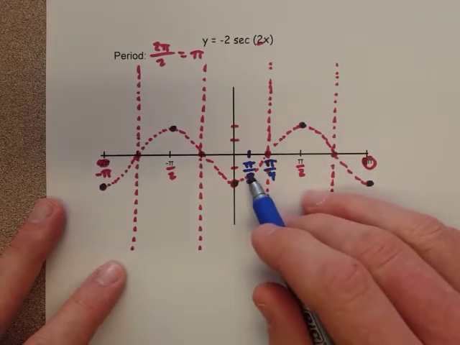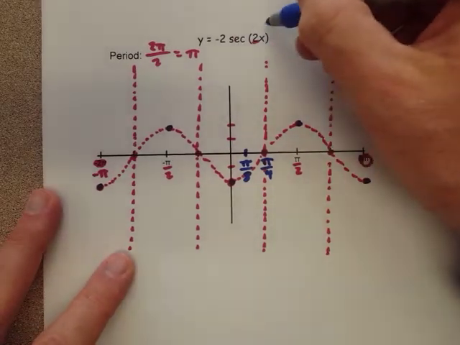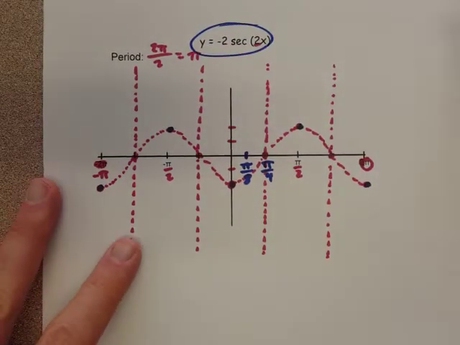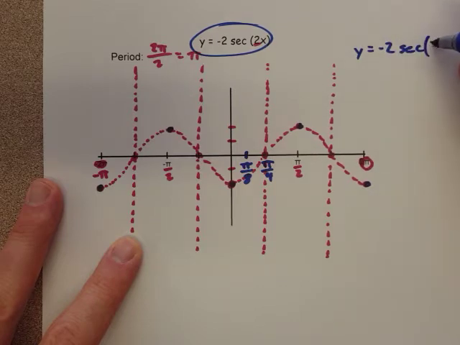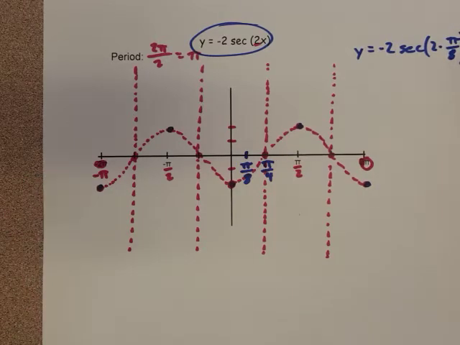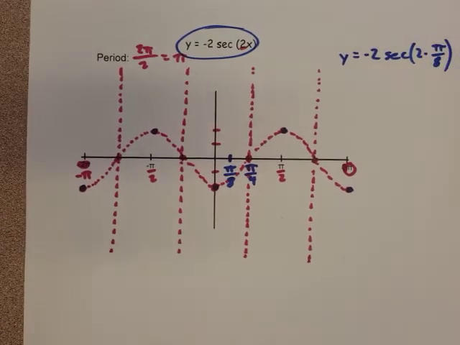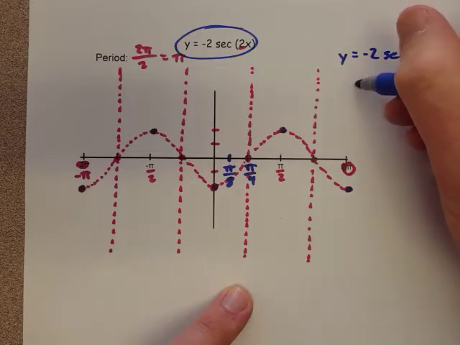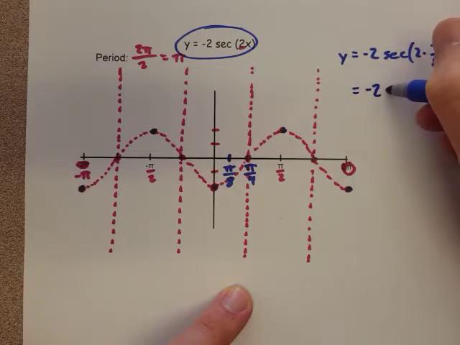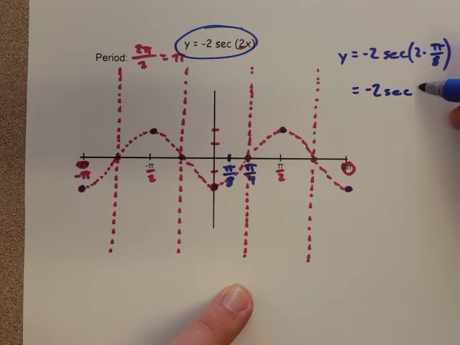If we've got pi over 8, that's going to be our x value, and we have to plug it into this equation right here. So y equals negative 2 secant of 2 times pi over 8. Maybe you're already seeing where the pi over 4 is going to come in. That pi over 4 is a result of the fact that it's 2 times pi over 8. So that simplifies to pi over 4, and now we get negative 2 secant of pi over 4.